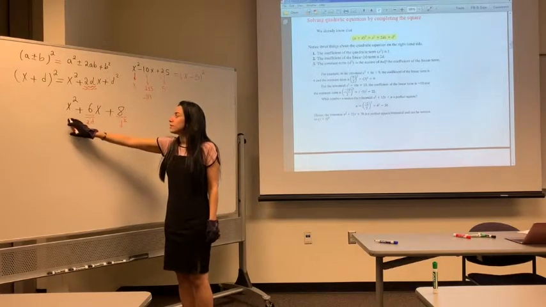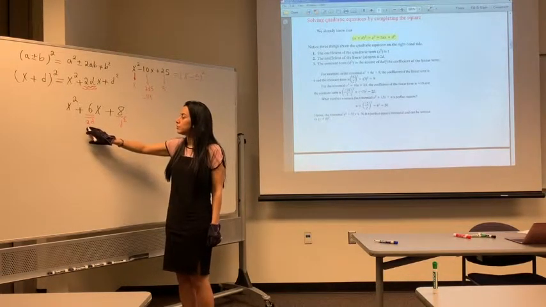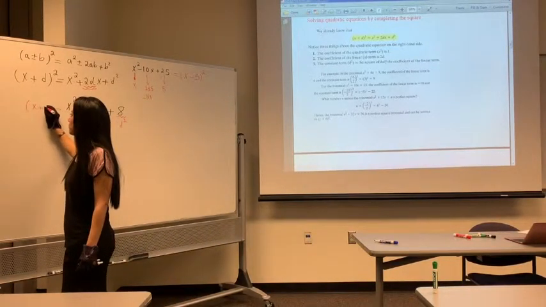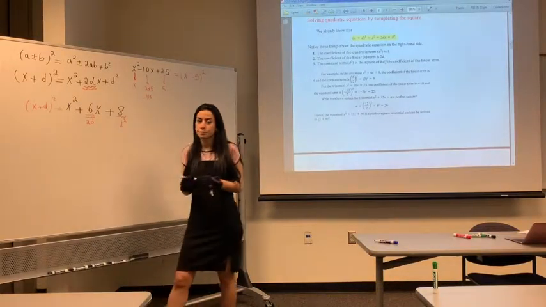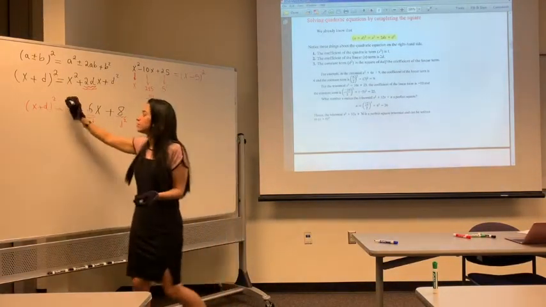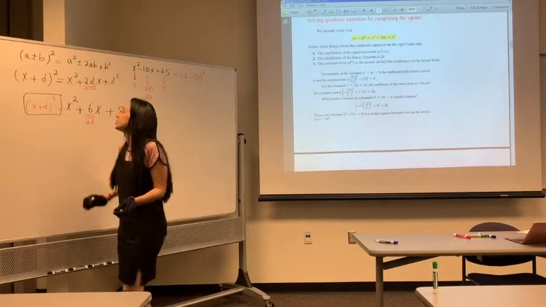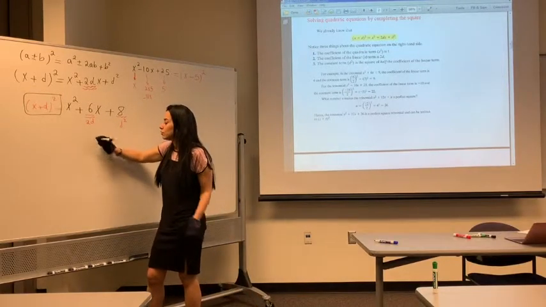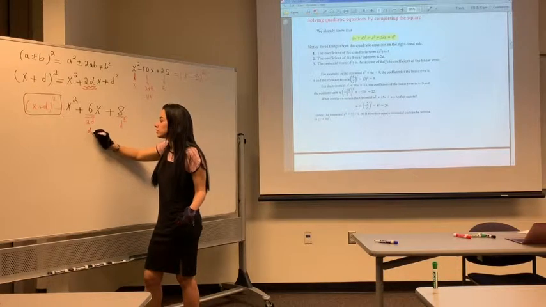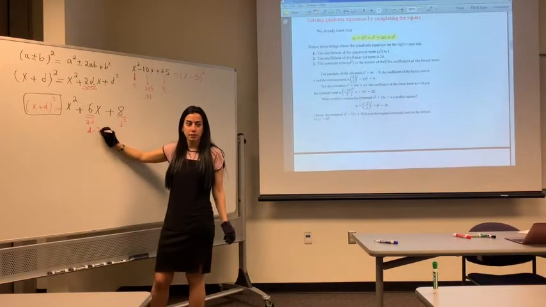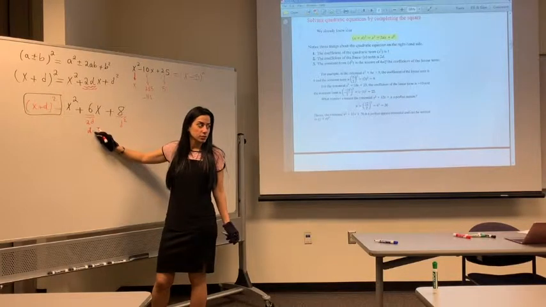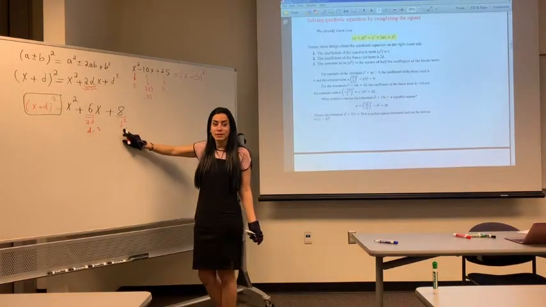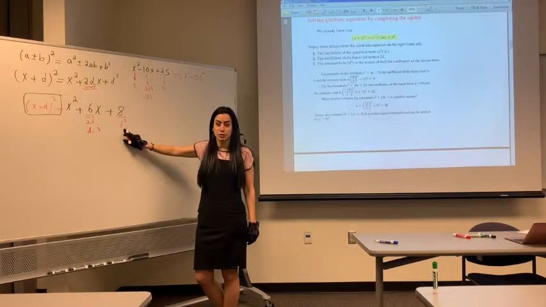If we have the form x squared plus 2dx plus d squared, we could write it in this form, right? So our aim is to reach this, but let's see if we can. This one is 2d. So what is d? d is equal to 3. Am I right? So 2d is 6, so d is equal to 3. This one then should be d squared, which is 3 squared, which is 9.